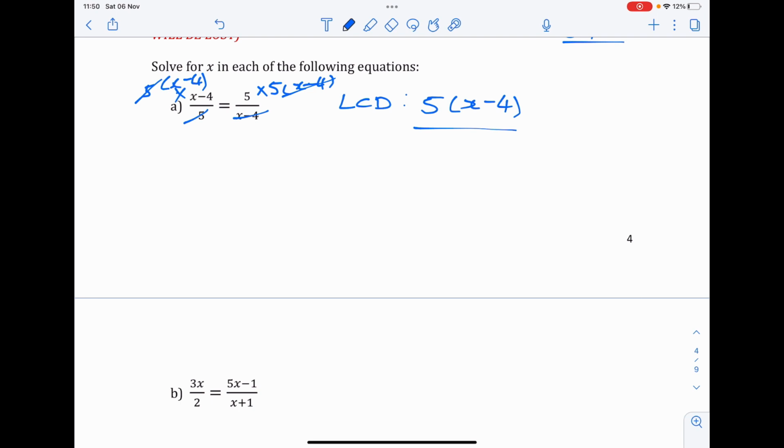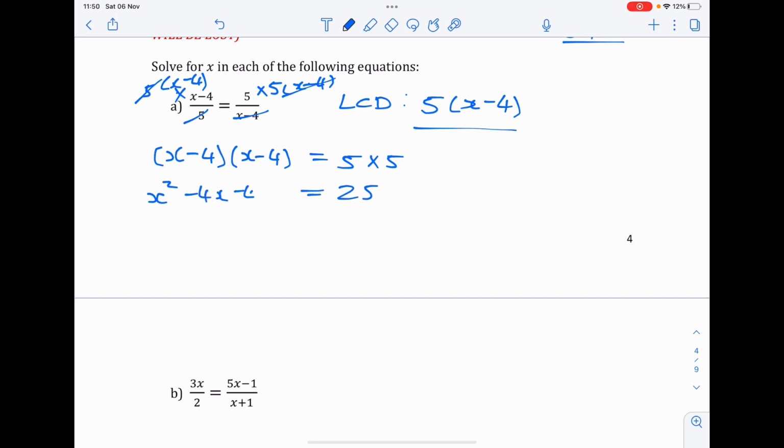Then we have to multiply what's remaining over. So we have that blue x minus 4, and then the x minus 4 from the actual fraction, equals the other side, which is 5 times 5. So we have 25, and then we can do the FOIL: x squared minus 4x minus 4x plus 16.